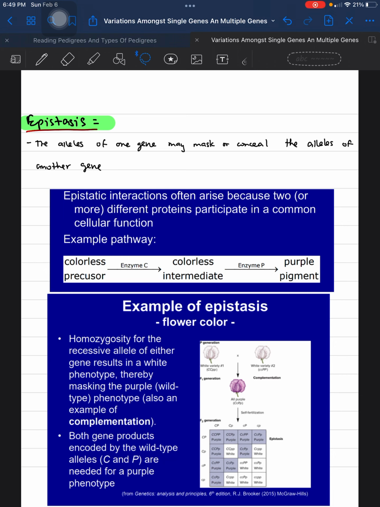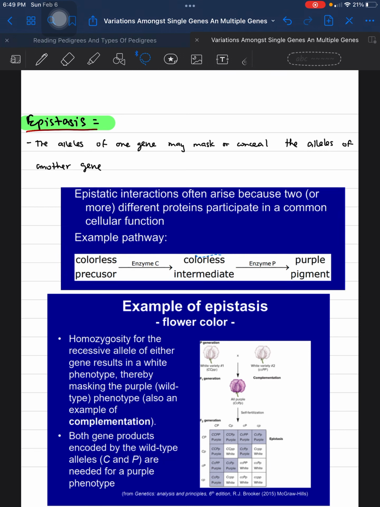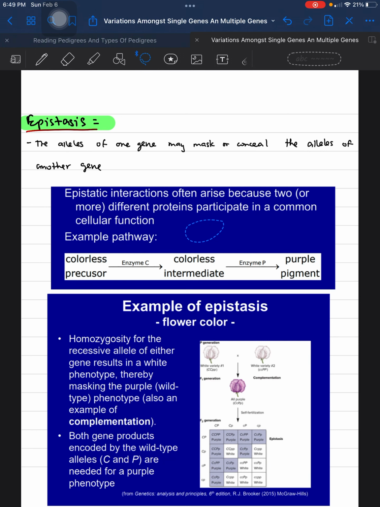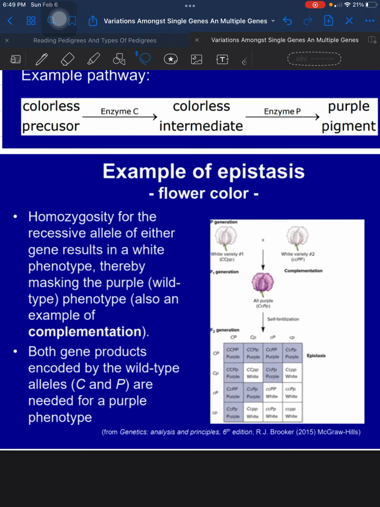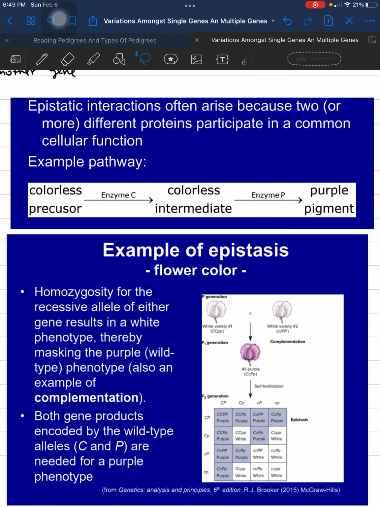This gene made this color right here, but since we have the interaction of another gene, it made this colorless intermediate purple. And this example can be seen in flower color right here. So homozygosity for the recessive allele of either gene results in a white phenotype, thereby masking the purple.